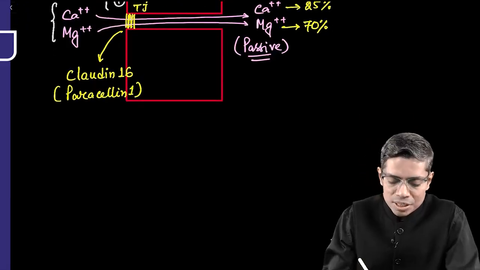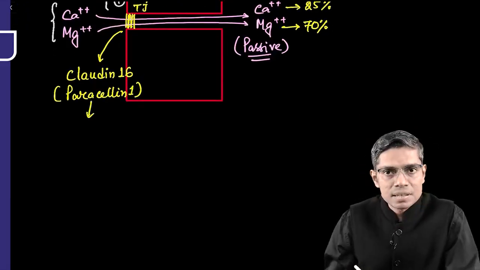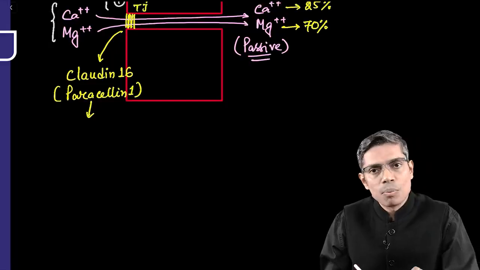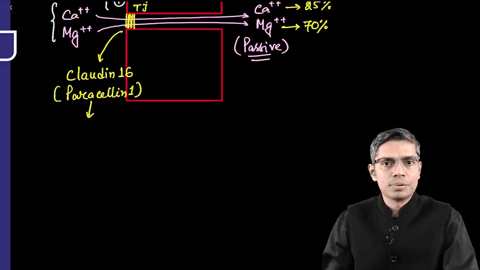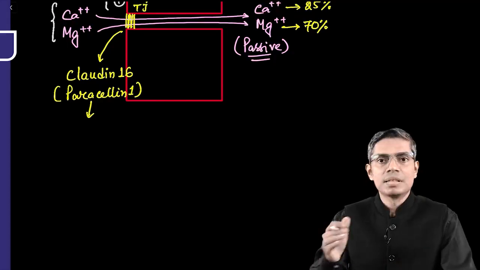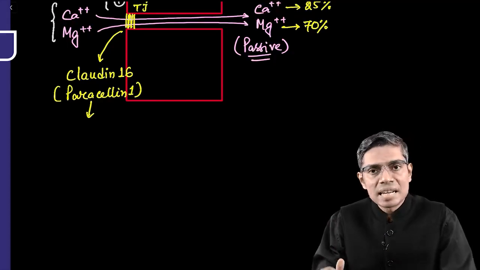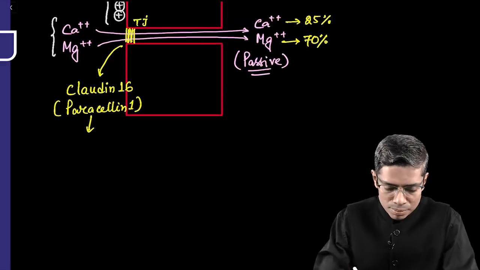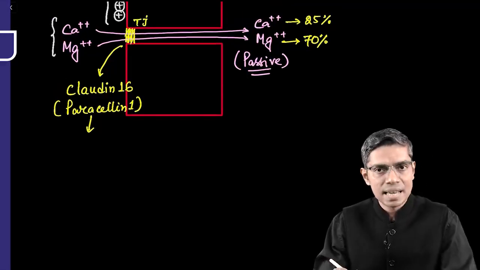If there is a mutation of this claudin 16 gene or paracellin 1 protein, then there will be loss of magnesium in the urine, because you will not be able to reabsorb magnesium and calcium.